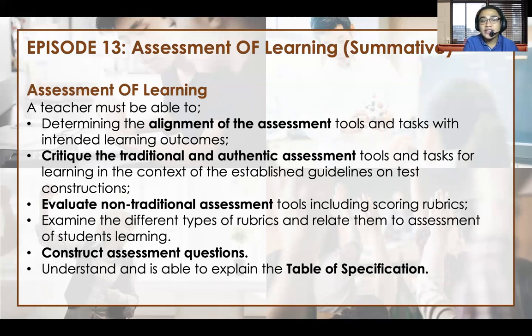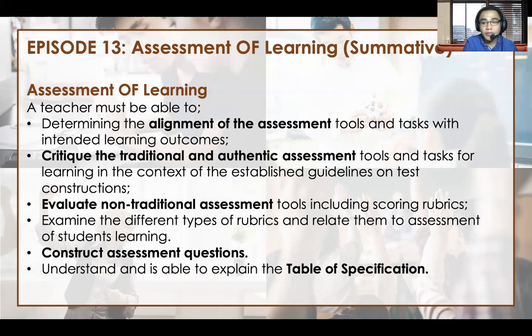Okay. Next is critique the traditional and authentic assessment tools and tasks for learning in the context of the established guidelines on test construction. Traditional assessments are still effective. Authentic assessments are also still effective, but this is dependent on the subject where you are using it. This is also dependent on how you use this assessment.